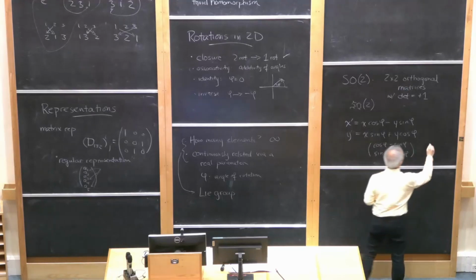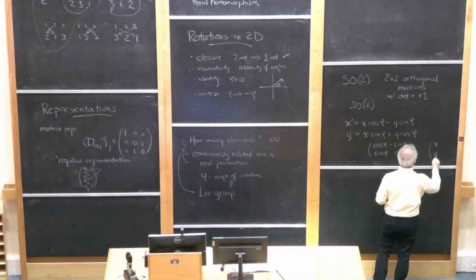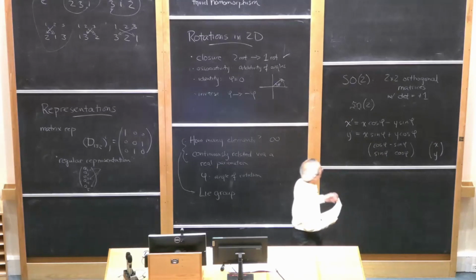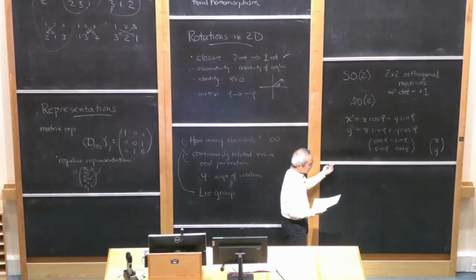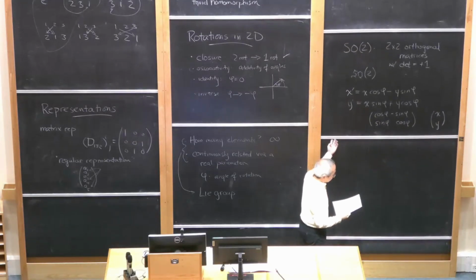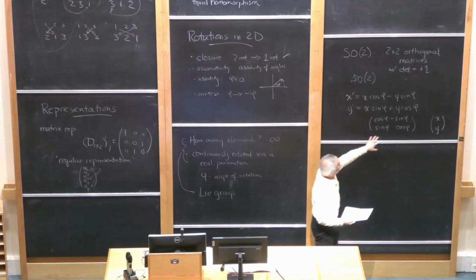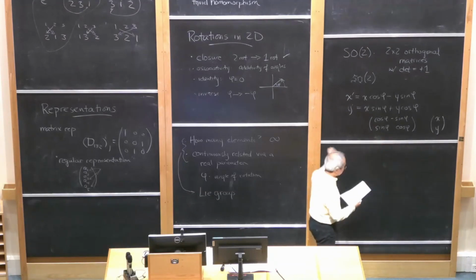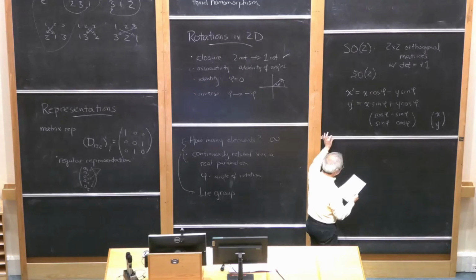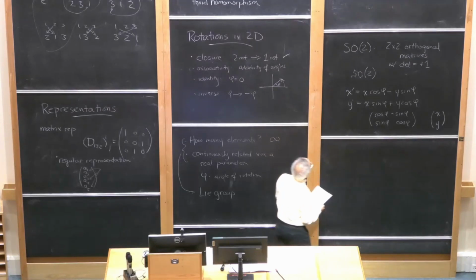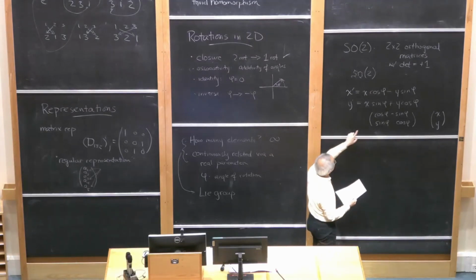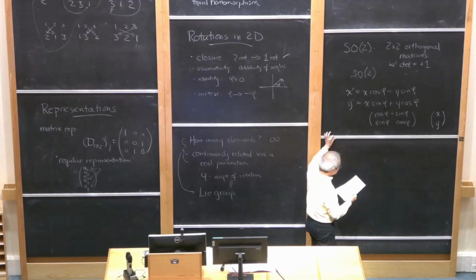Okay, and the state vector is basically your coordinates. And it's pretty obvious that if you take this, do the transpose and multiply it out, you get +1. So, as I said, there is an isomorphism between these matrices and rotations.